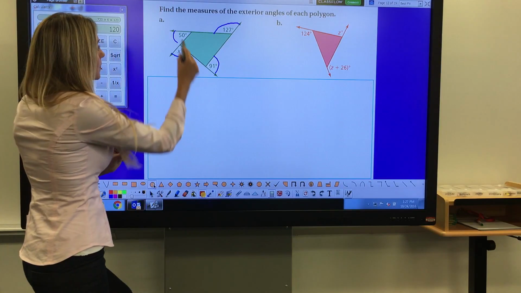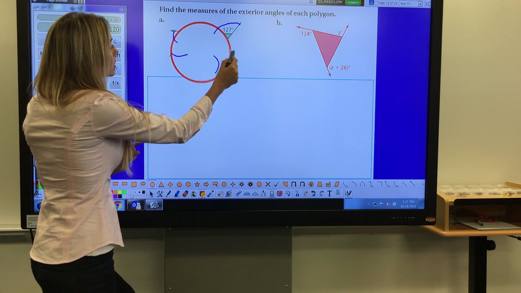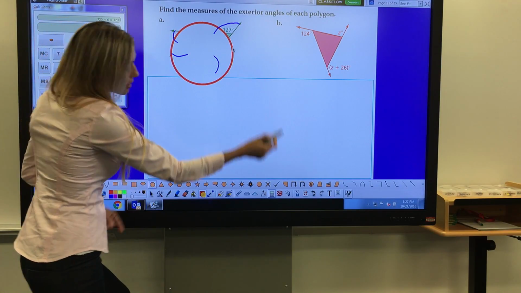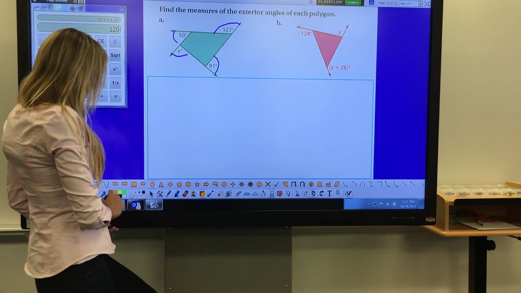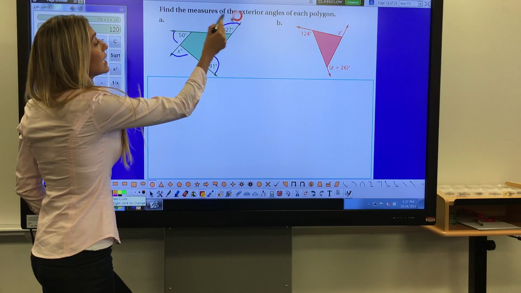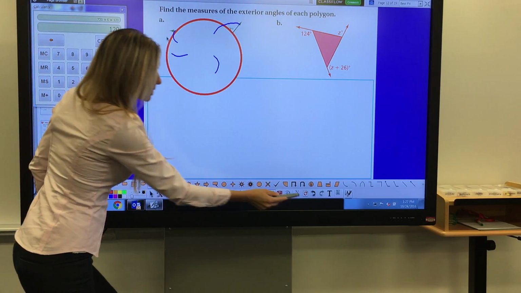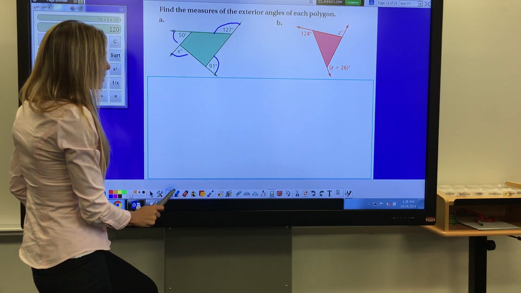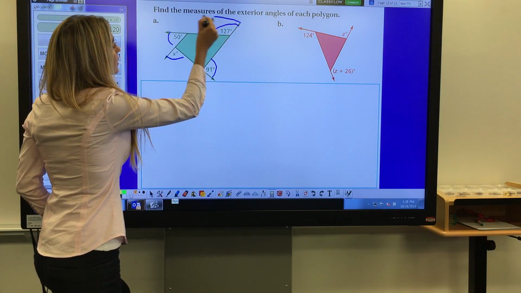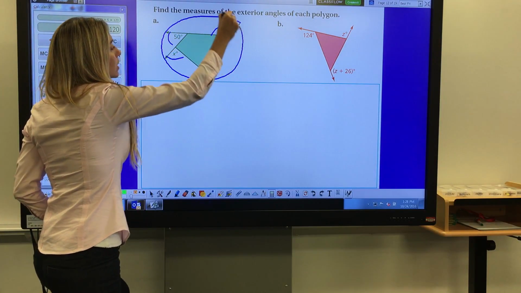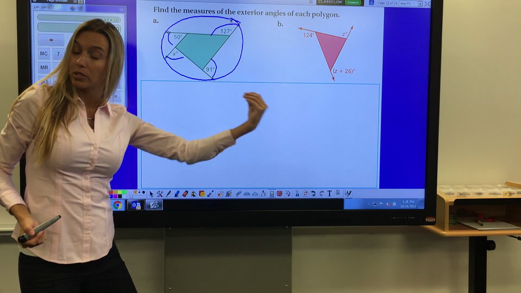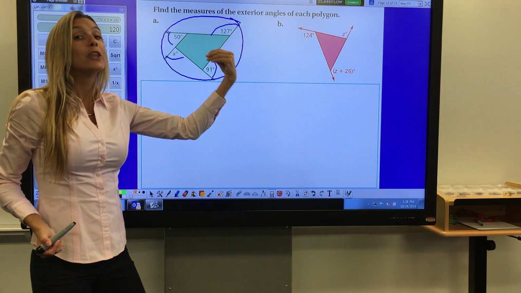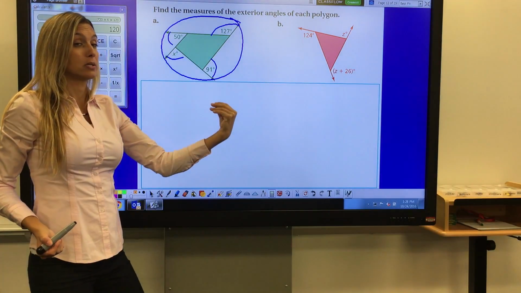The sum of all the exterior angles of any kind of polygon, if I was to add all of them up, is gonna create a circle. It's gonna give me 360 degrees, no matter what.